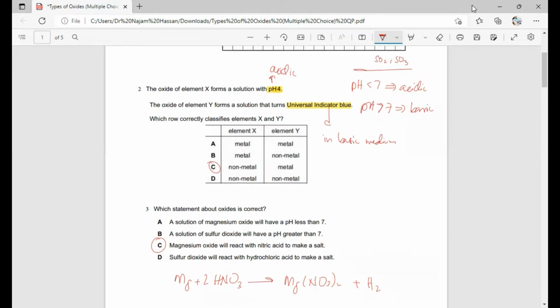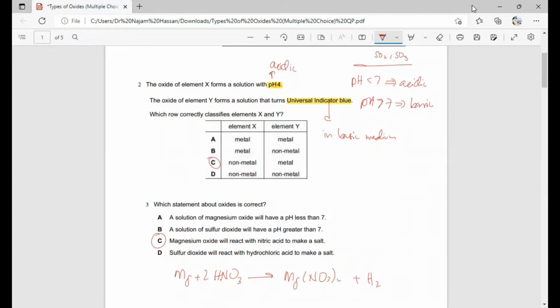So I'm writing the equation: magnesium oxide reacts with HNO3, we get the salt Mg(NO3)2 plus H2O. So this is the way to make salt, right? So in this question asking about magnesium oxide, the answer becomes C.